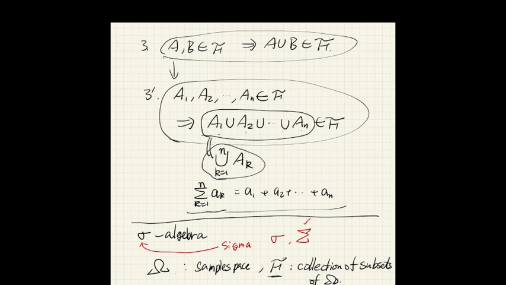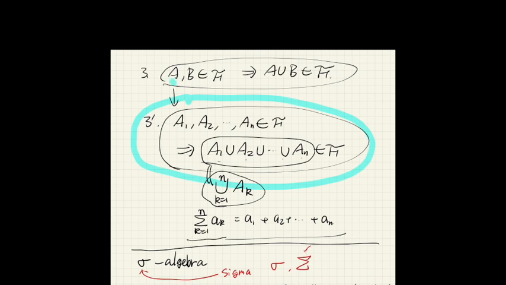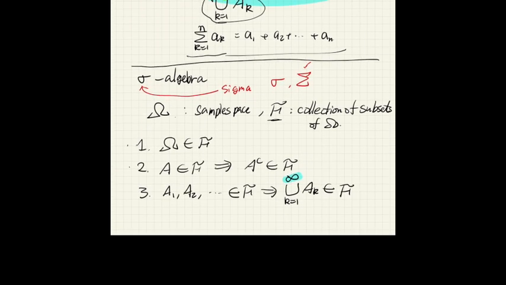So these two are equivalent, but what's important is that this is a finite number of unions, whereas in the sigma algebra it is infinite.